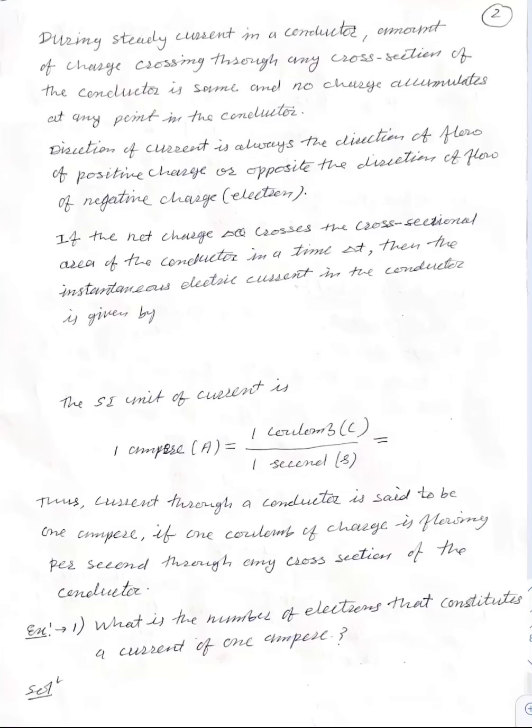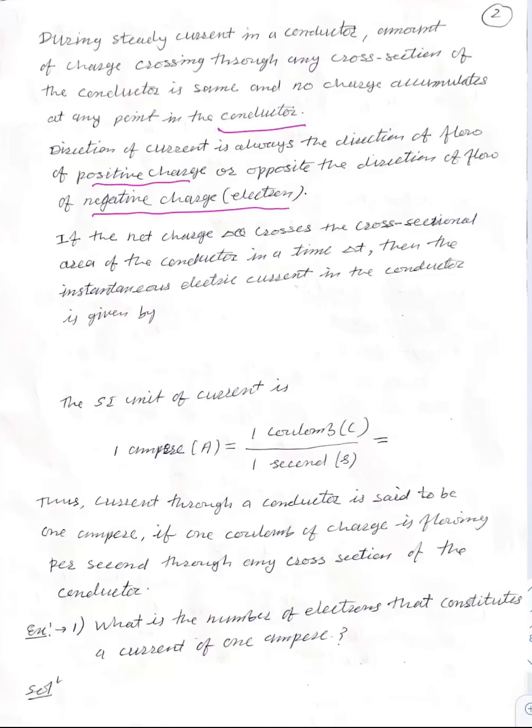Steady current: in a conductor, the amount of charge crossing any cross section of the conductor is the same, and no charge accumulates at any point in the conductor. The direction of current is always the direction of flow of positive charge, or opposite to the direction of flow of negative charge, meaning electrons.